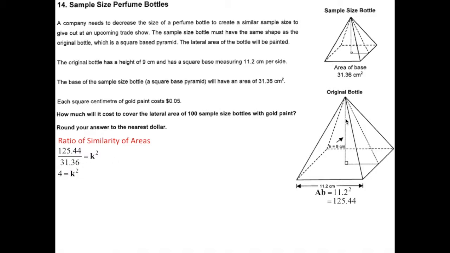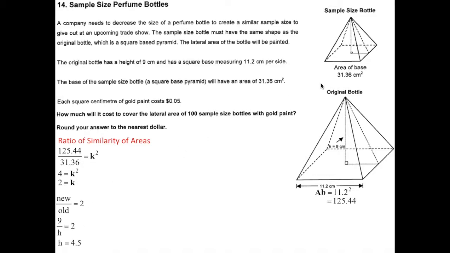There's two ways we can do this. I can figure out the lateral surface area of the original bottle, divide that by 4 to get the lateral surface area of the new bottle. I think that's a little bit easier, so I'm going to do that. If k squared is 4, take the square root of both sides, k is going to be 2. And if the new over the old is 2, and we know that the old height was 9, then the new height is going to be 4.5.